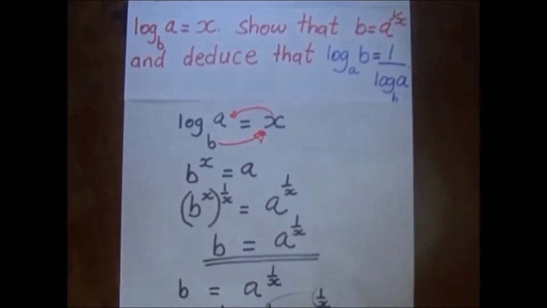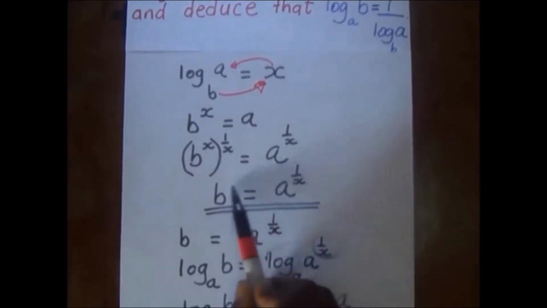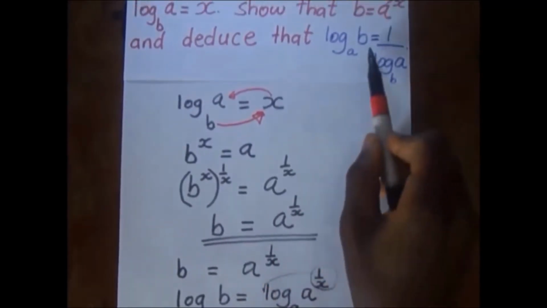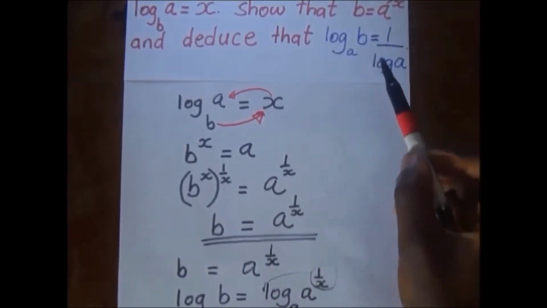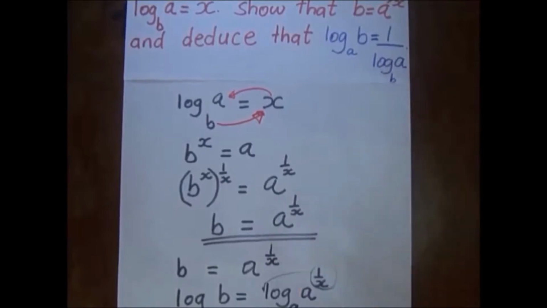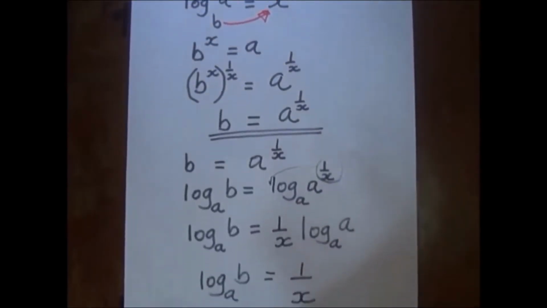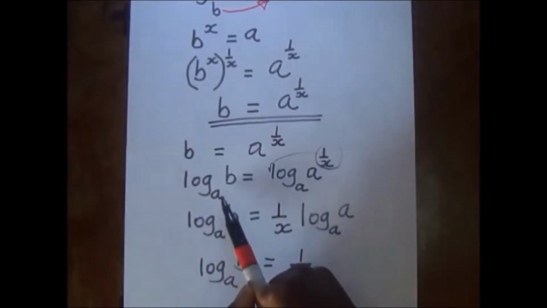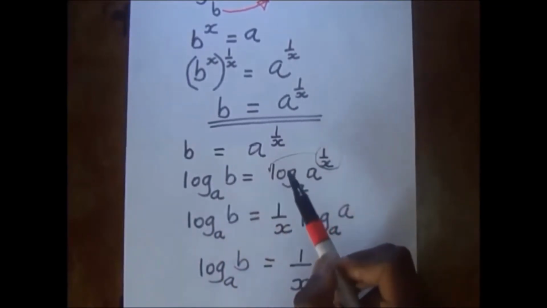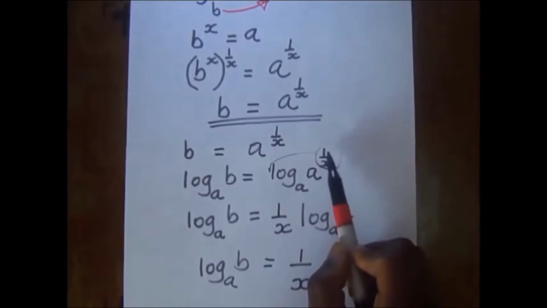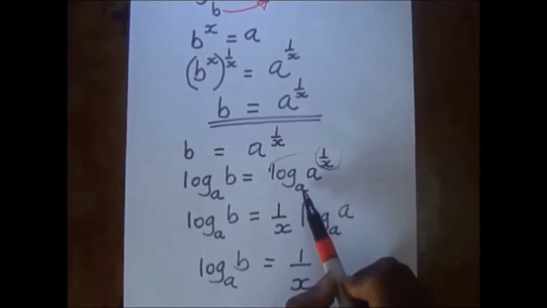So meaning that if we are coming from this indice here and we are to deduce this expression, we are simply supposed to take log base a on both sides. So here it's going to become log base a of b is going to be equal to log of a to the power 1 over x to the base a.